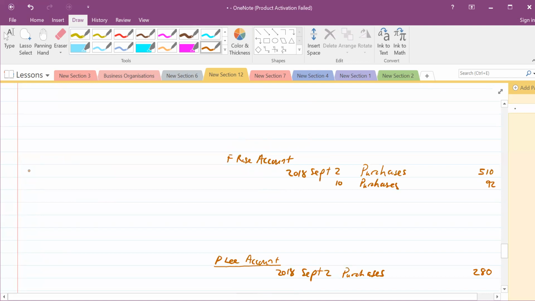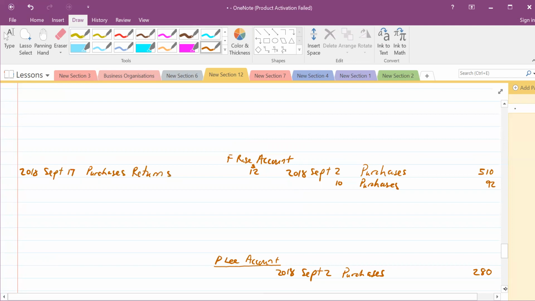So 2018, September 17, F. Rice, we return goods worth $12. So what do we write there? We write purchases returns, or what we call returns outwards. Okay. So purchases returns.